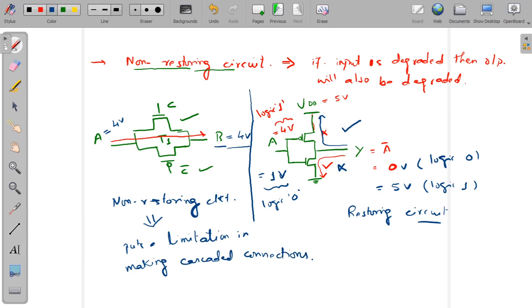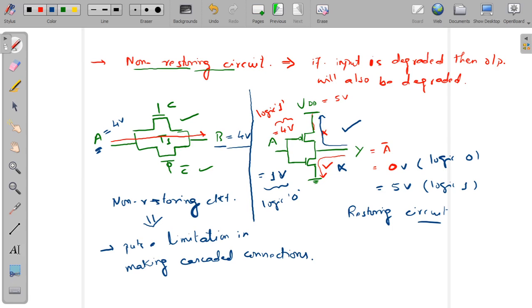Although this is better than the pass transistor in the sense that the limitation of individual NMOS and individual PMOS is getting eliminated, still if somehow the input gets degraded, then the output will also get degraded. It is not restoring the input imperfection to the power rail values. So this thing is not being done in transmission gate circuits, and this is being done in CMOS logic design style.